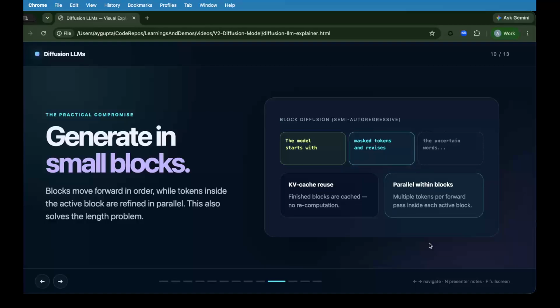In each block we can generate tokens in parallel, but one block is sequentially added after another block. So blocks are sequentially added, but the tokens inside one block are added in parallel. This also solves the length problem, and we can use a KV cache as well, because we are generating some part of it sequentially.